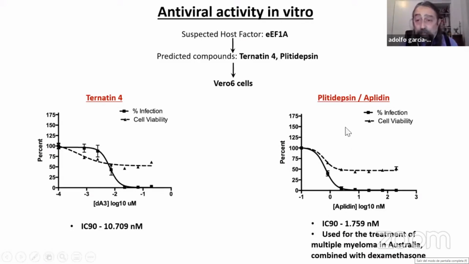And the interesting thing is that Plitidepsin has already been approved for use in some countries, specifically in Australia, for the treatment of multiple myeloma. And it's been used combined with dexamethasone. So that means that it does not have a contraindication with dexamethasone, which is one of the drugs being used in immunotherapy for COVID-19.